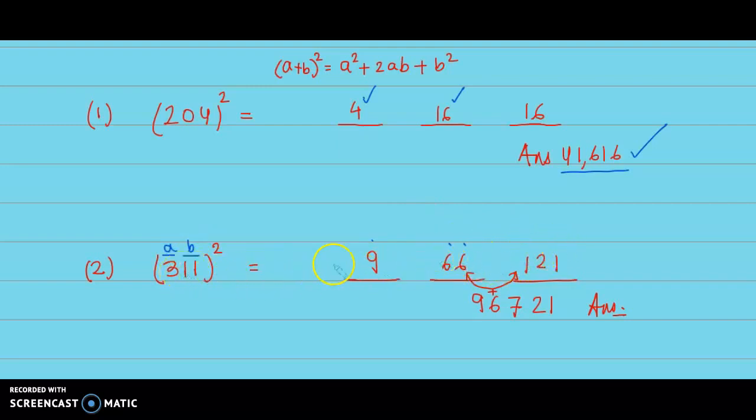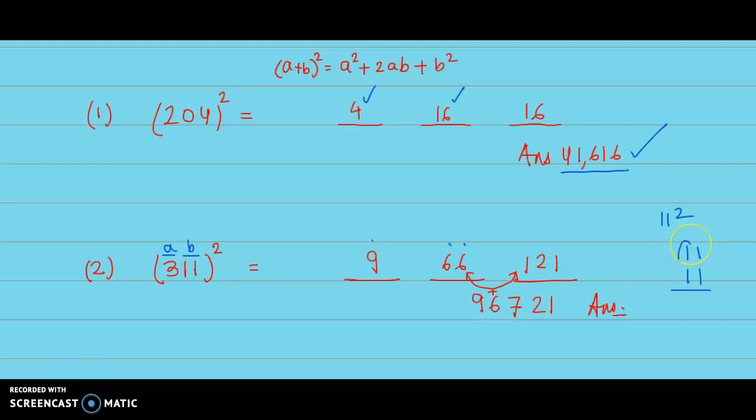So A square is 9, I have written 9, and B square is 11 square, and 11 square is 121, as you already know. If you don't know the square of any two-digit number, you should go through the video that I have explained, or you can calculate it quickly also.